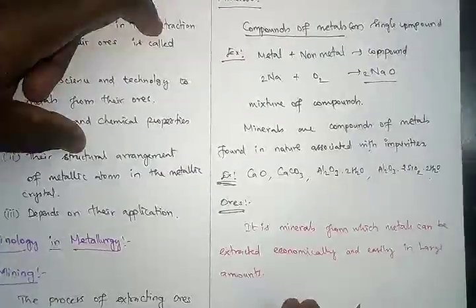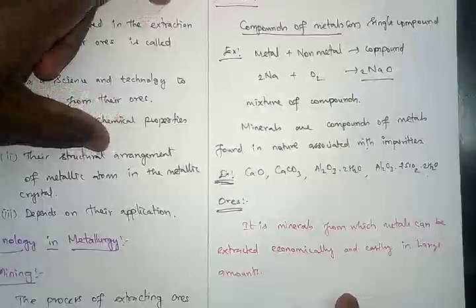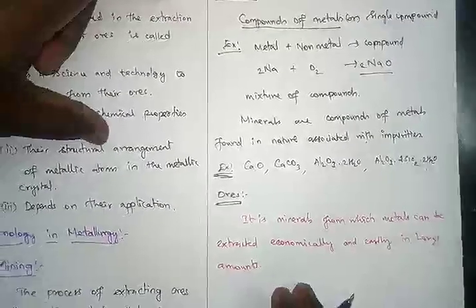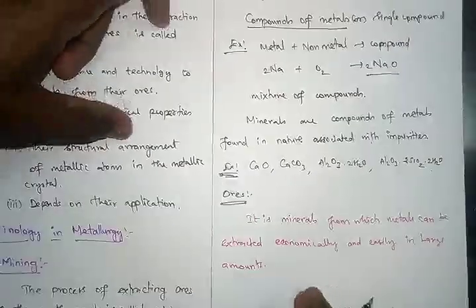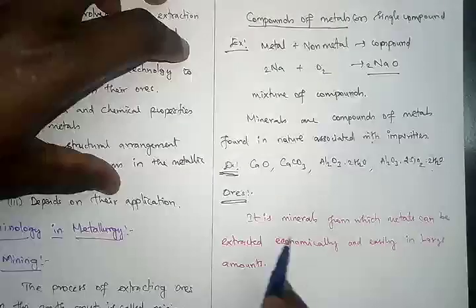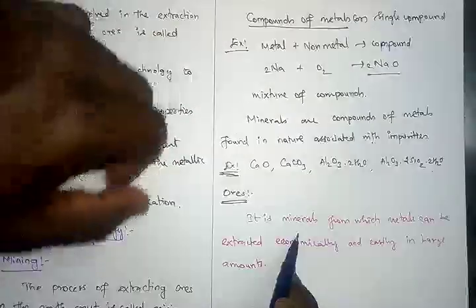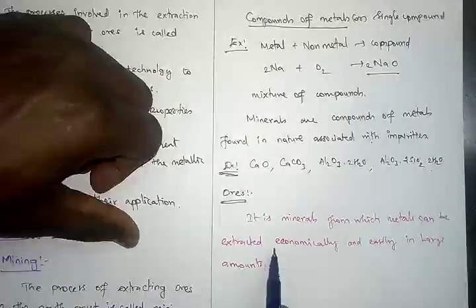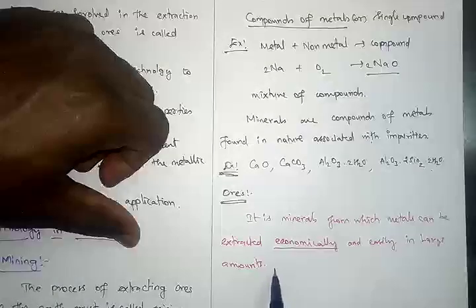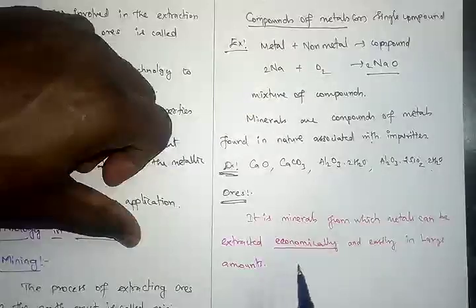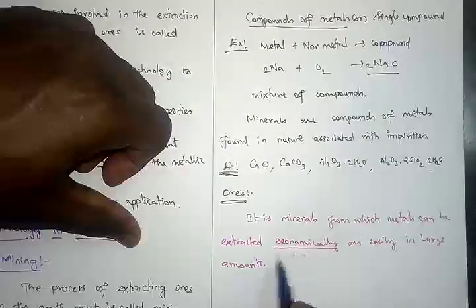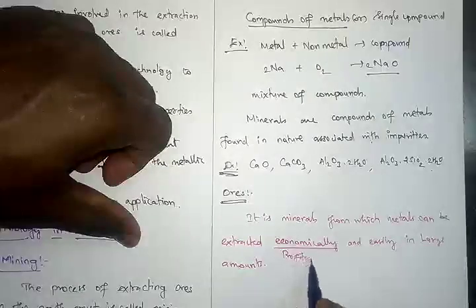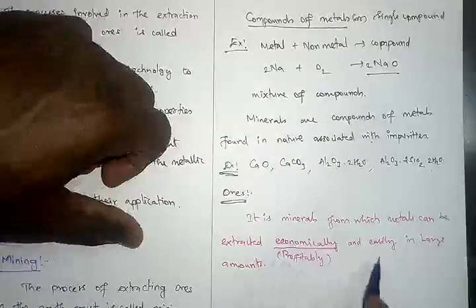So what is called a mineral? A mineral is a compound of metal found in nature with some impurities, whereas ore is a mineral, again a type of mineral, from which metal can be extracted economically. Very important. Economically means the price or cost involved in the process of extracting metal is low, or we say profitably, and easily.